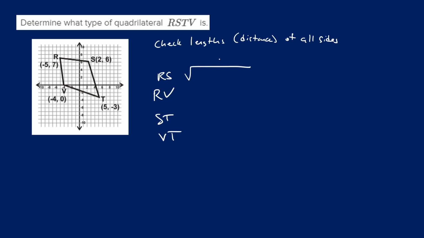So RS is going to be 7 squared plus 1 squared. And then RV is going to be 1 squared plus 7 squared. Just looking at it, you can see that these are obviously going to be the same. You'll get 49 plus 1 is square root of 50 and square root of 50, which tells you those are congruent.